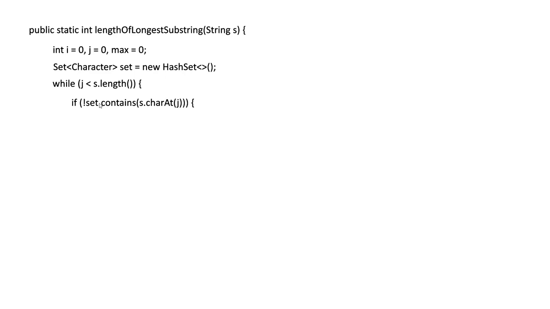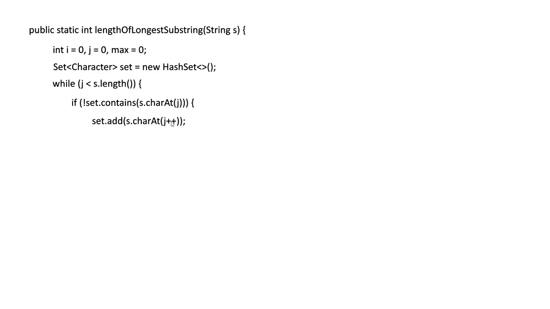Okay, if the set does not contain, the exclamation mark means not, or the opposite of what the method is trying to do, so set contains S dot character at J. J starts at 0, so we're going to check the first character. If it doesn't contain it, then we're just going to add it.